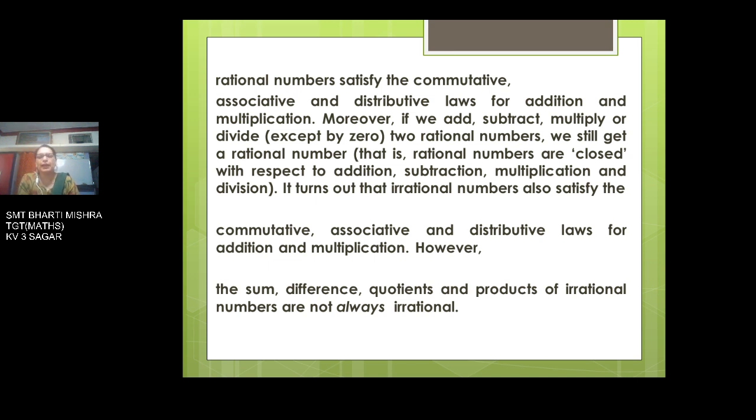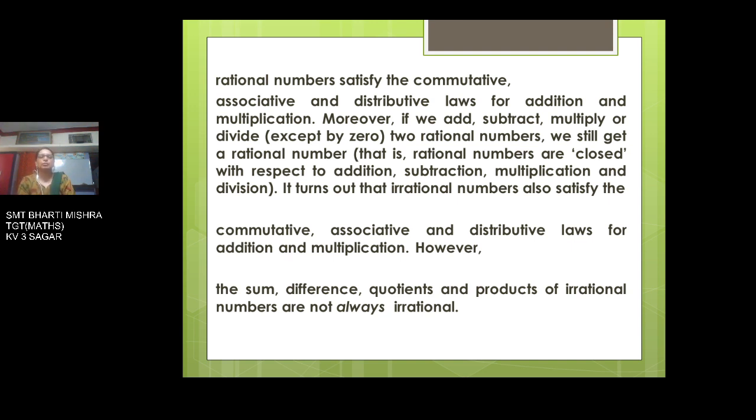Moreover, if we add, subtract, multiply or divide, except by 0, two rational numbers, we still get a rational number. That is, rational numbers are closed with respect to addition, subtraction, multiplication and division.